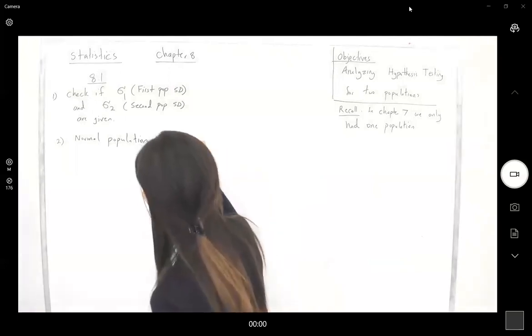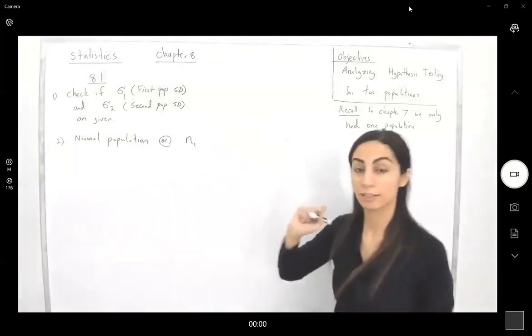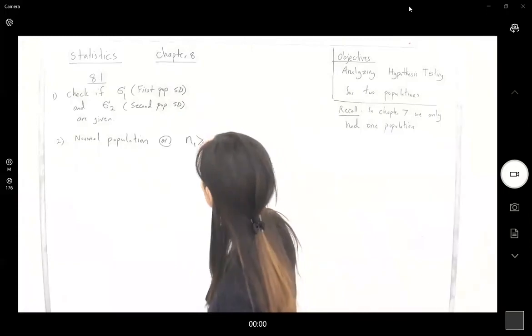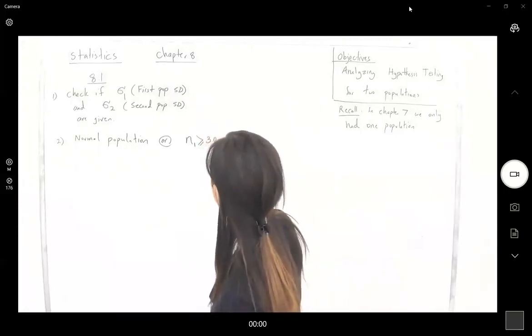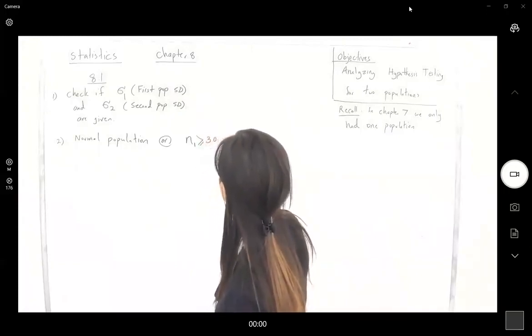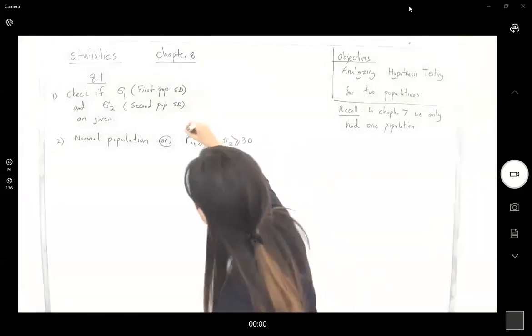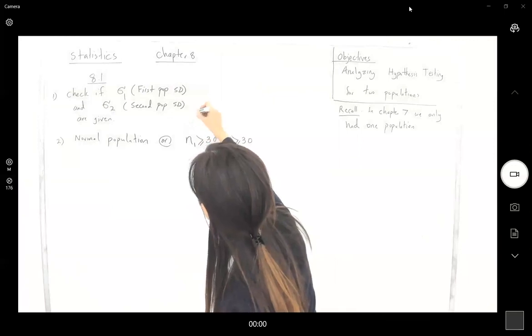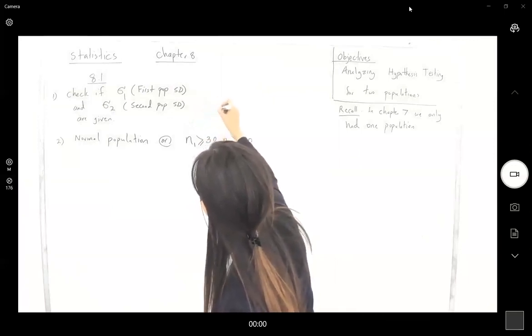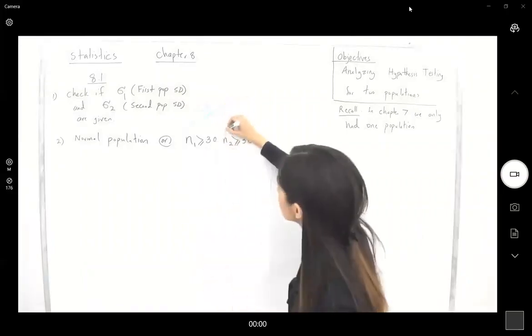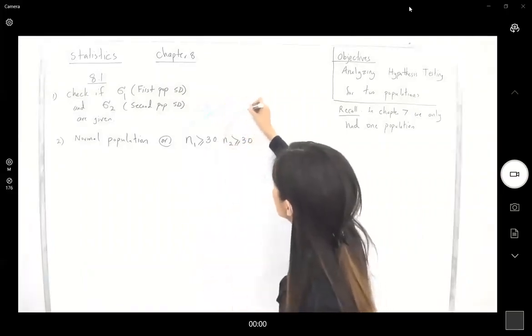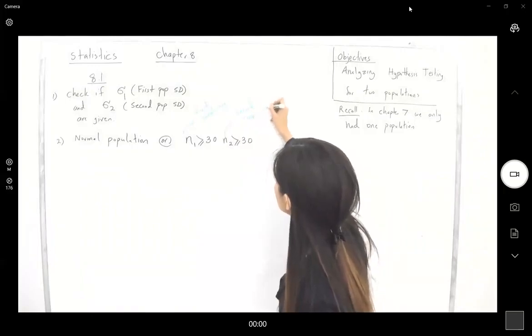The first sample size is greater than or equal to 30, and the second sample size is greater than or equal to 30. So this is your first sample size, and this is your second sample size.